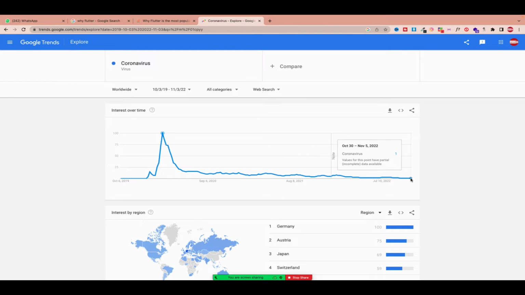That helps you to make an informed decision. Say you want to invest in drugs. Instead of buying drugs for Corona now, you'd be making a loss. Why? Because no one is searching anymore. But at that time, you could invest in this kind of business and really make money. So before you go into an idea, what can you do?